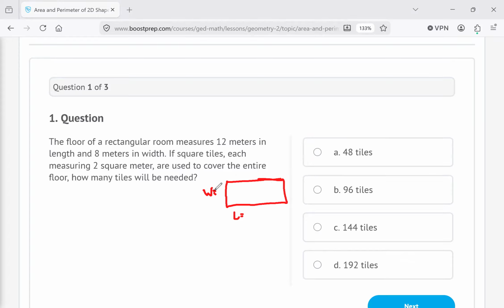So the floor of a rectangular room measures 12 meters in length and 8 meters in width. If square tiles each measuring 2 square meters are used to cover the entire floor, how many tiles will be needed? First, what I need to figure out is the area of the rectangular room.